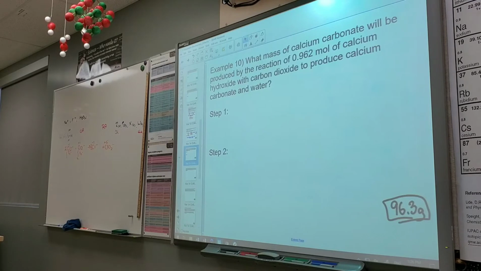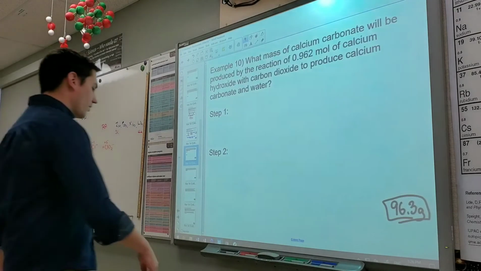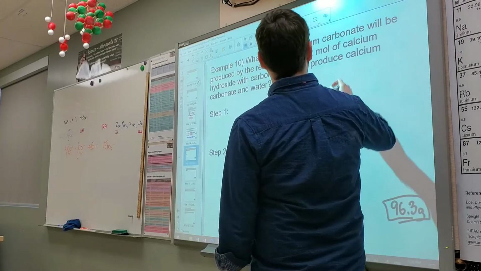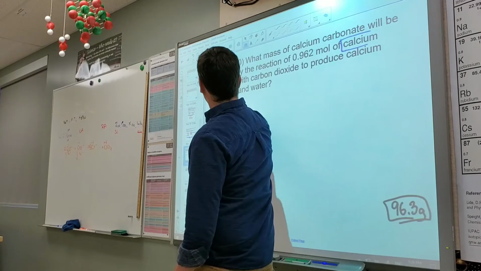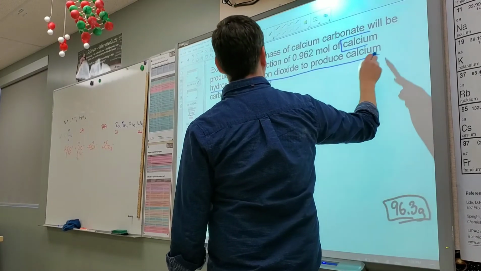It's not calcium carbonates and calcium hydroxide. It's calcium carbonate. Calcium hydroxide. So the question says calcium hydroxide with carbon dioxide.